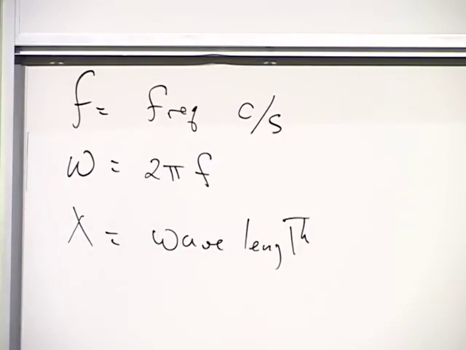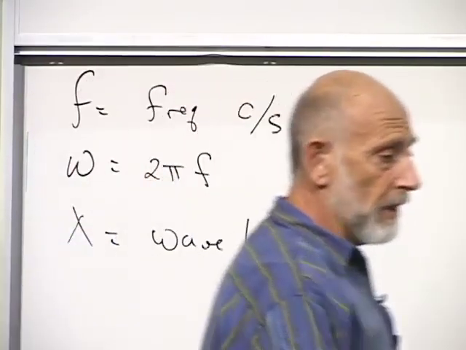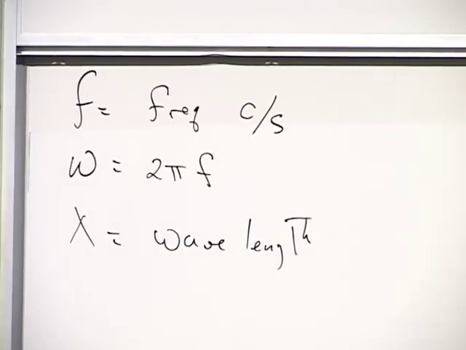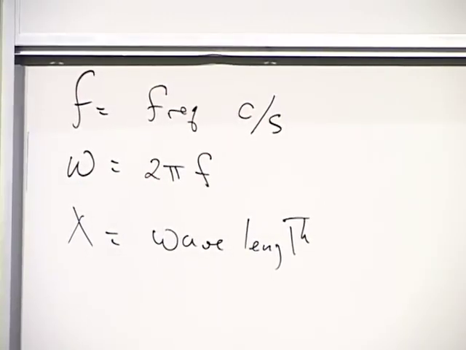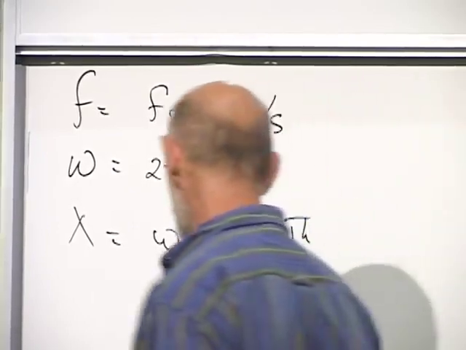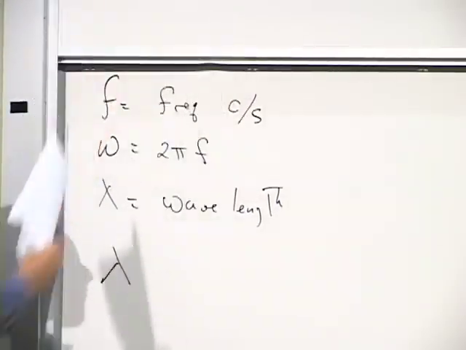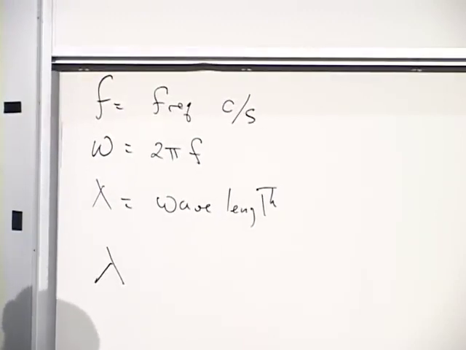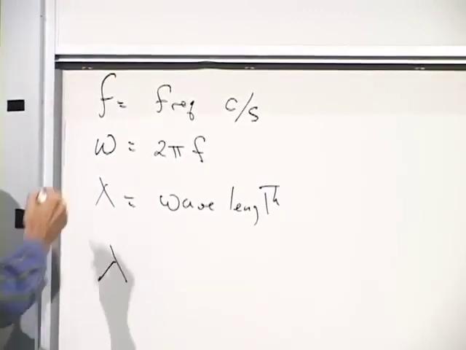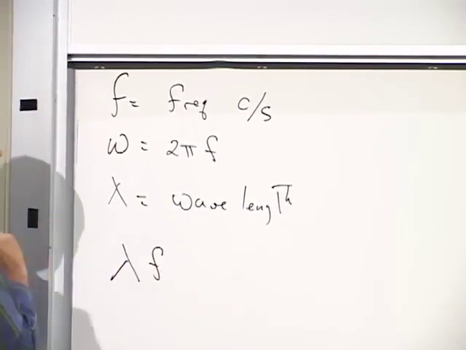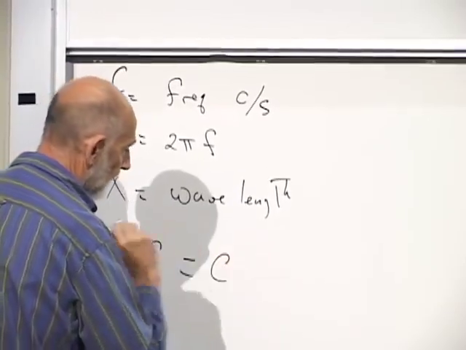Now a light wave moves at the speed of light. Because it's moving past you with the speed of light, the wavelength and the frequency are related by a formula. The wavelength is the distance traveled in one full cycle, and if you multiply that by the frequency, that gives you the speed of light. That's the velocity.